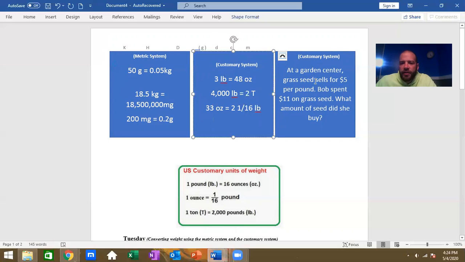At a garden center, grass seed sells for $5 a pound. Bob spent $11. What amount of seed did he buy? Well, there's 2 things we could do here. We could either turn it into ounces, or we could just put it in a fraction. I like the fraction answer. It doesn't tell us we have to put it in ounces. So every $5 is a pound. You've spent $11, so you had just more than 2 pounds, because $5, $10.